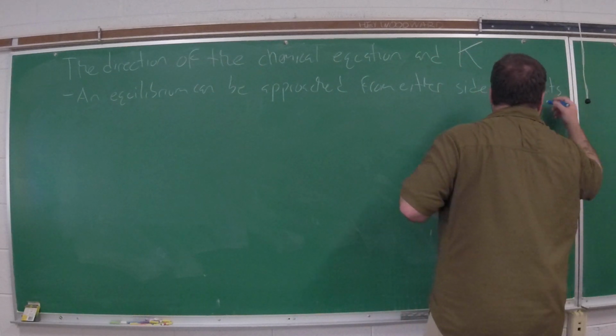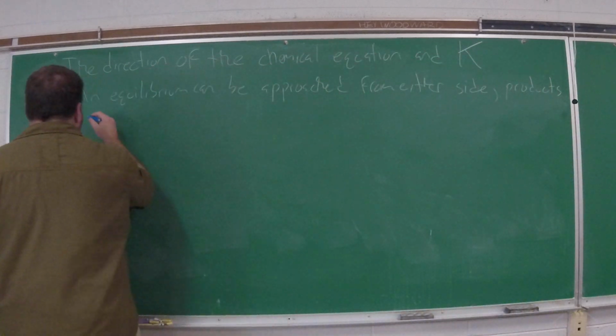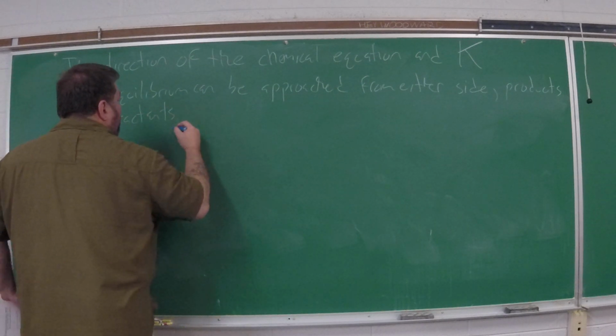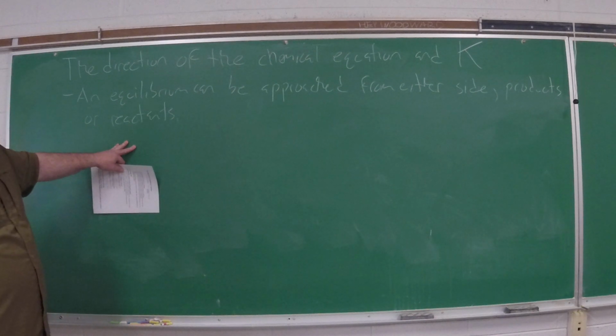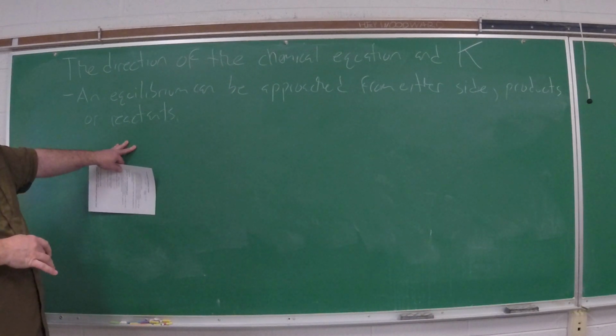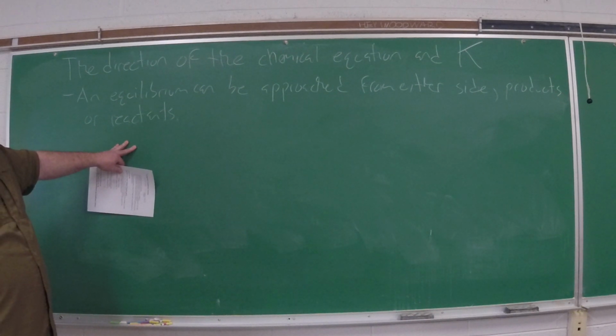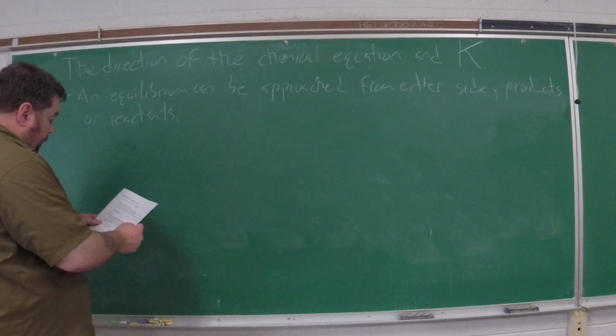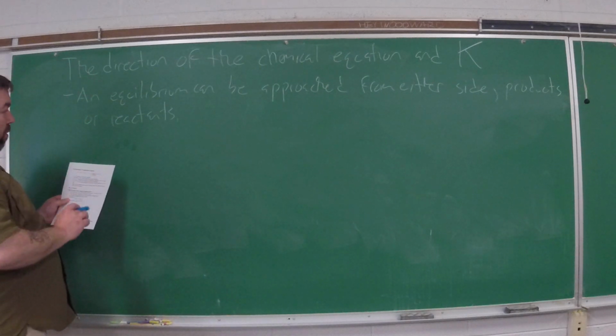Products or reactants. All this is saying is that with a reversible chemical reaction, you can start out with reactants only, or you can start out with products only. Either way, you're going to reach a chemical equilibrium, right? We talked about that a little bit earlier. Nothing new there, right?